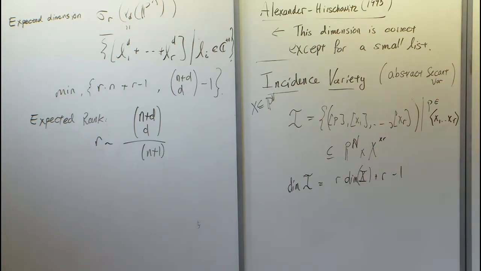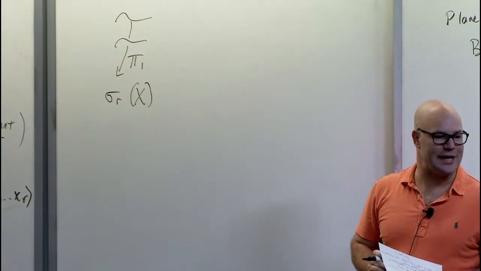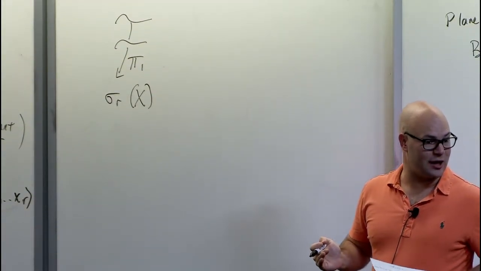Just count parameters. It always has the correct dimension. And why is this important for the uniqueness of Waring decomposition or of tensor decomposition? Well, we're going to use just very basic algebraic geometry. I have a projection onto the first vector, which projects to the rth secant variety of x. And if the dimensions agree, then the fiber is zero-dimensional, generically.